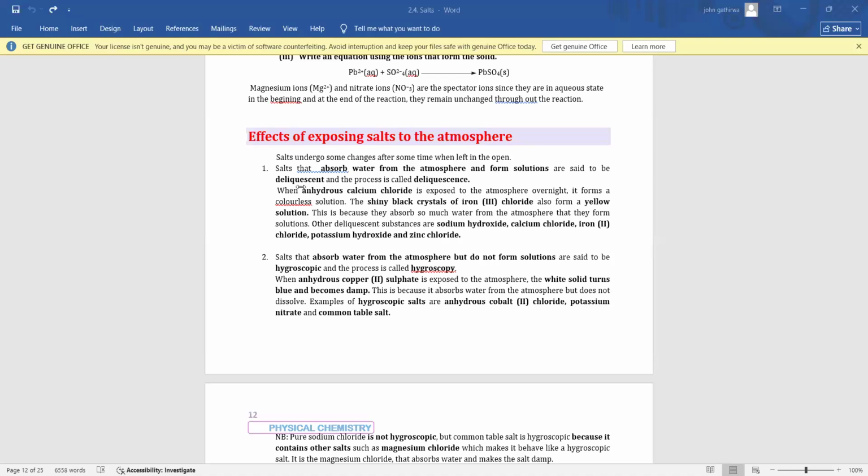You filter out excess copper 2 oxide, all unreacted copper 2 oxide, to obtain copper 2 sulfate solution as filtrate. Heat the filtrate to saturation and allow it to cool to obtain copper 2 sulfate crystals. Then you can dry them between filter papers. That was very good. Boniface?